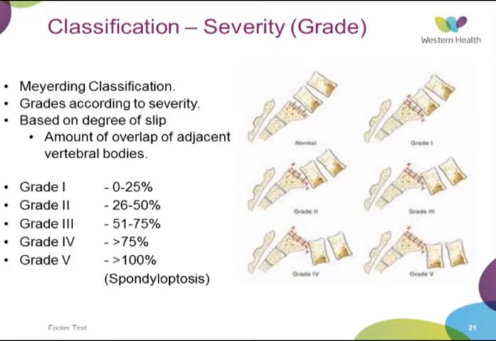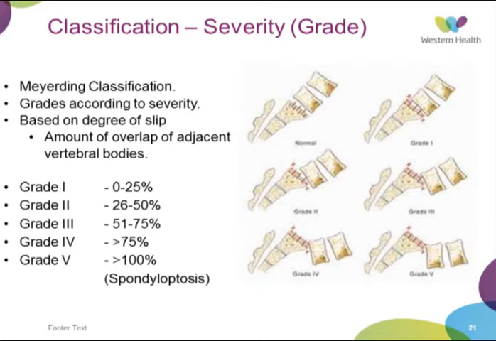In terms of severity or the grade, the Meyerding classification, grades 1 to 5, depending on the degree of slippage. In grade 1, it's up to 25% of anterior slippage. So that's normal here, that's grade 1.